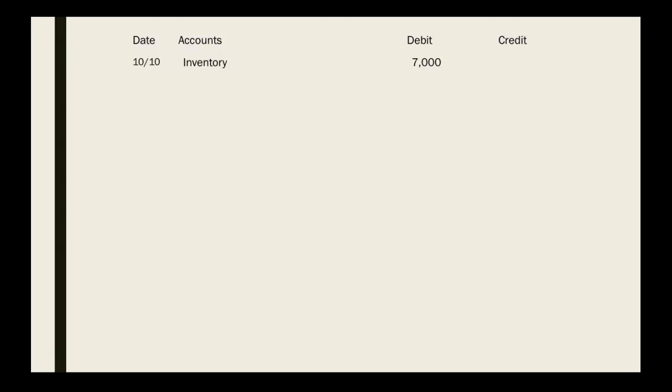Well, those terms are telling us that we made this purchase on account. So we will credit accounts payable for $7,000. So the buyer debits inventory to make their inventory increase and credits accounts payable to make that liability account increase.